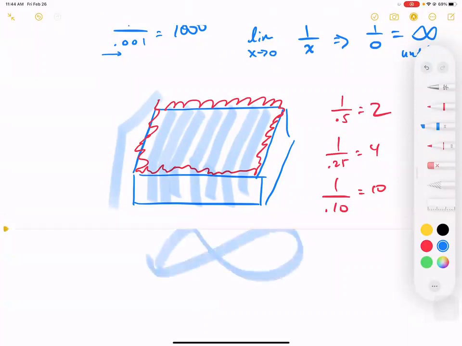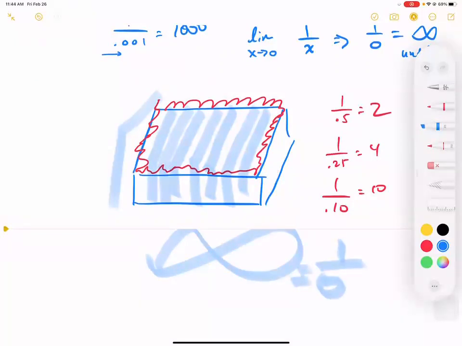I have enough to share with everyone because I'm giving them nothing. I can share with everyone in the universe because I'll never lose cake, because I'm sharing nothing. The slices are so small, I can fill the world with no slices. And that's the idea. If I divide 1 by 0, we really are saying infinity.